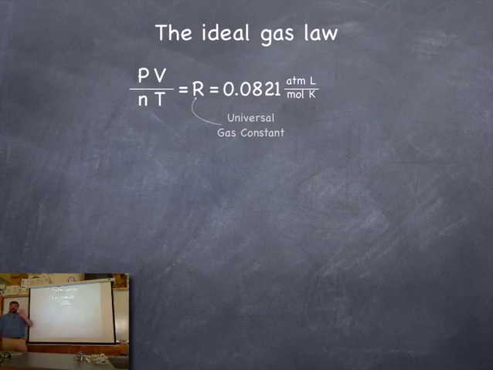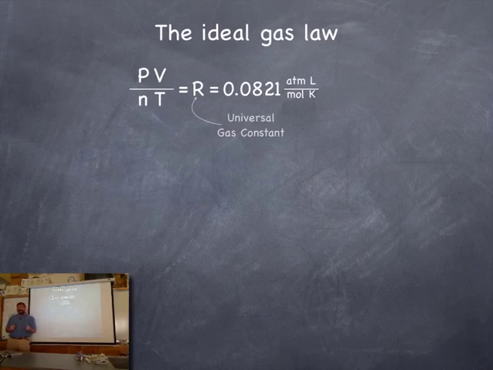So any conditions for a gas, any container, any description of a gas, if you know the pressure, volume, moles, and temperature, it's going to equal this value. So you can solve this equation directly. If you know 3 of these variables, that work that we did with P1 V1 over N1 T1, we didn't need that other half of the equation.